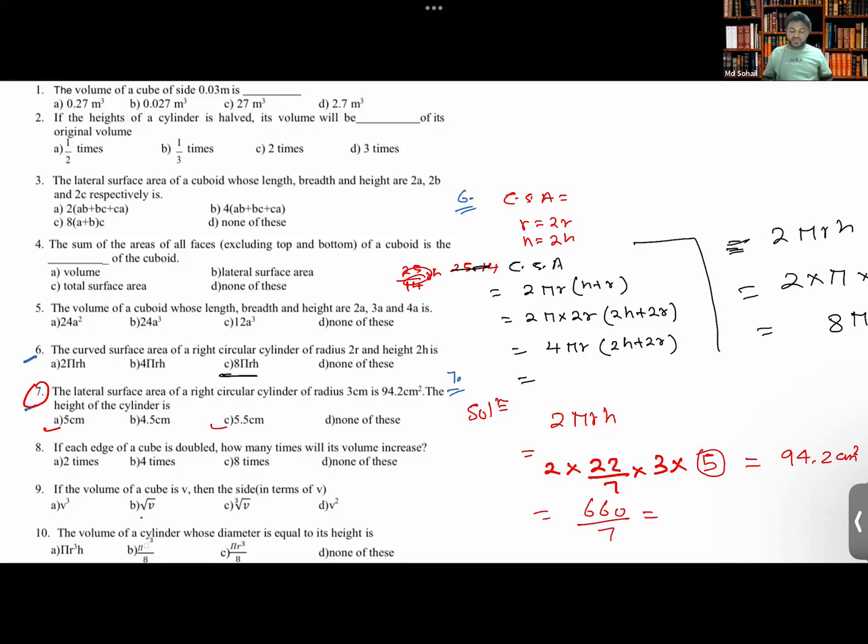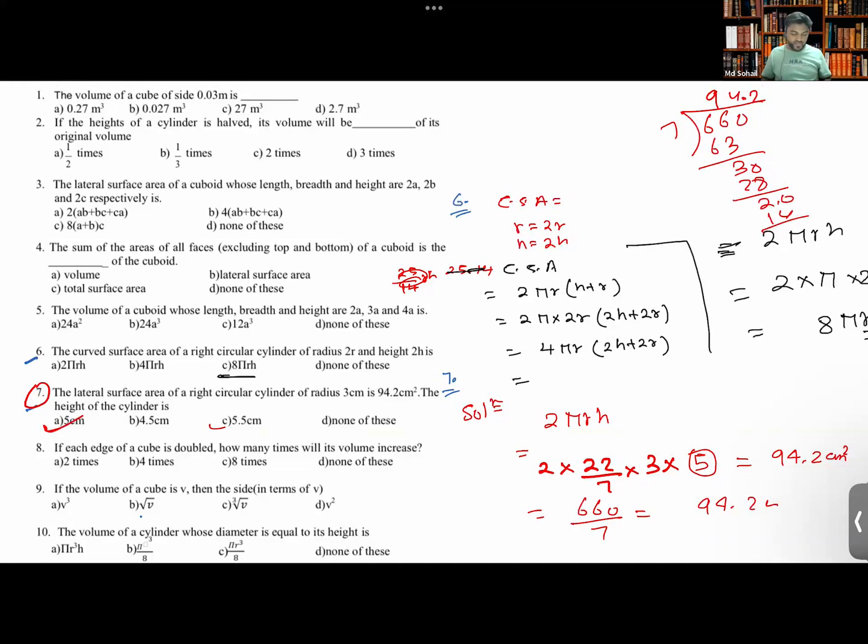See, if you divide 660 upon 7, are you getting 94.2 or not? 7 nines are 63, 7 fours are 28, 7 twos are 14. Yes, 94.2. Very good, that's correct.